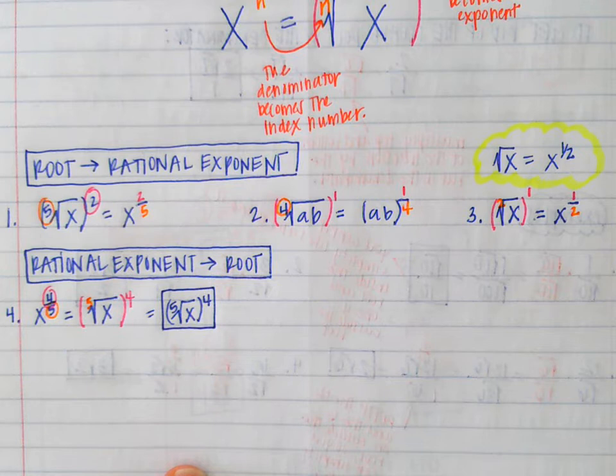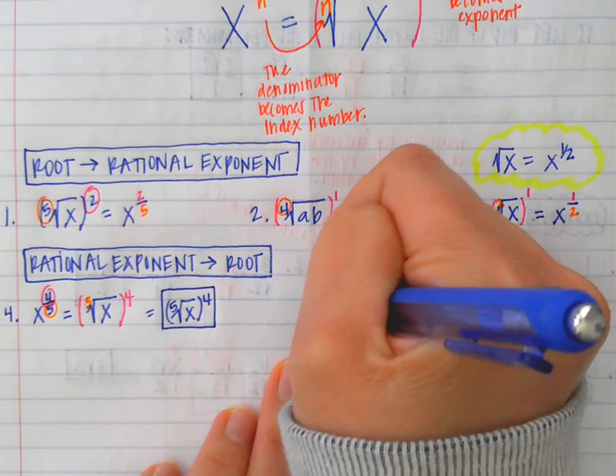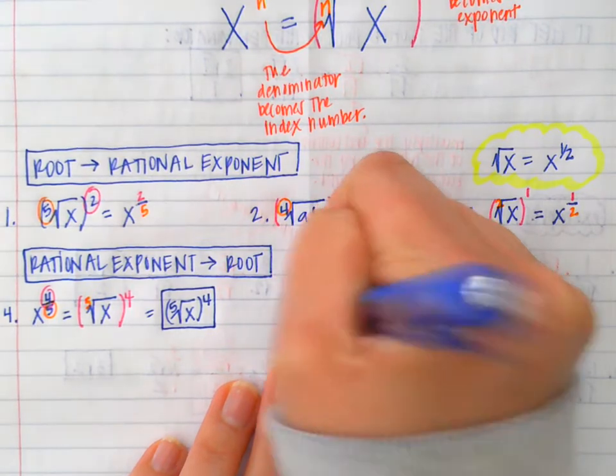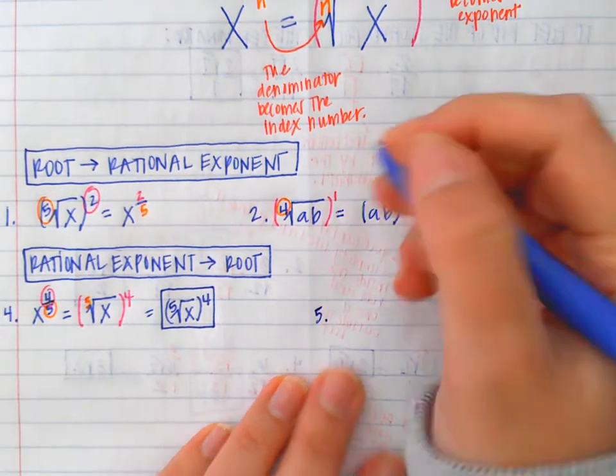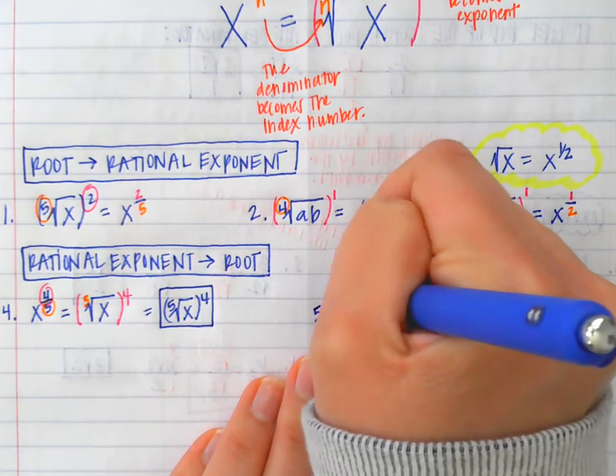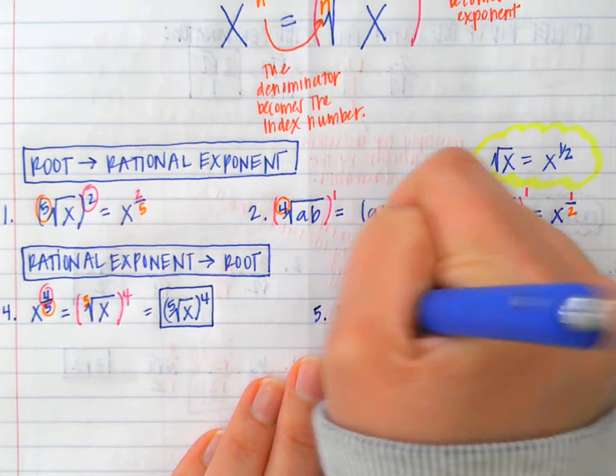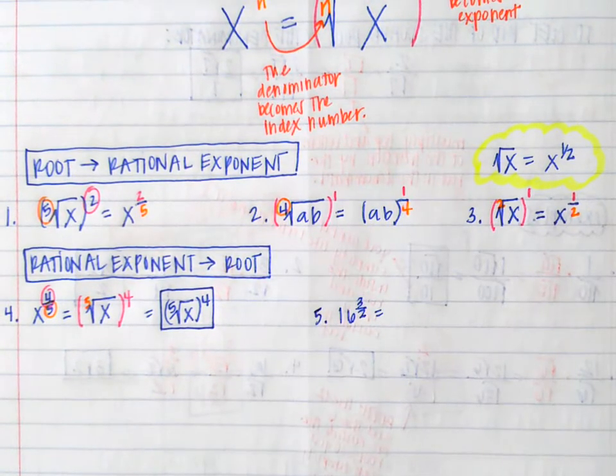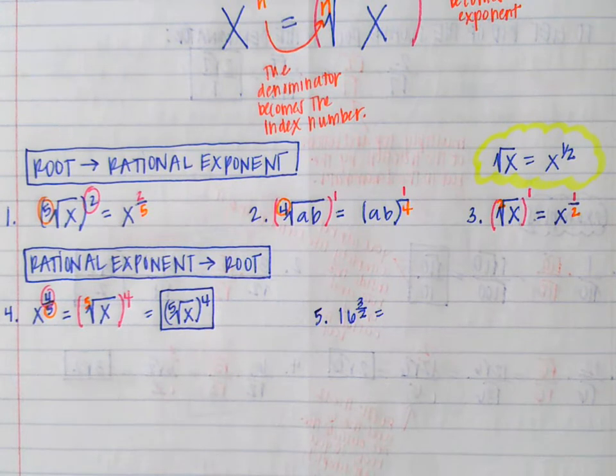Okay, so let's look at another one. Let's actually bring numbers into this. What if I gave you 16 raised to the 3/2? So what I want you guys to do right now is just pause me here and rewrite this with a radical and the exponent.